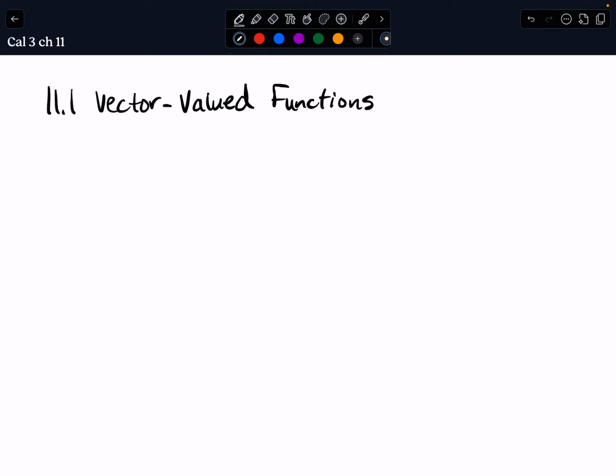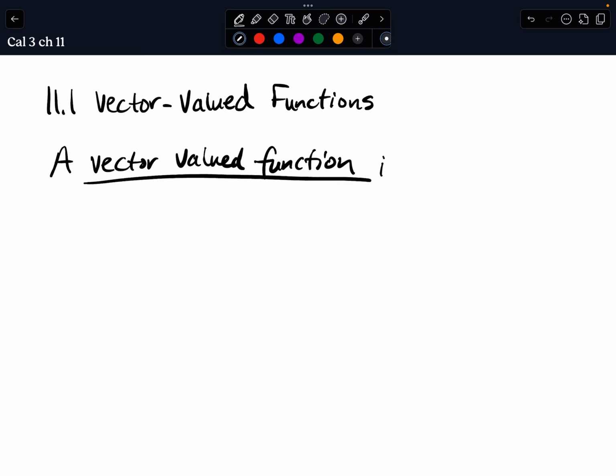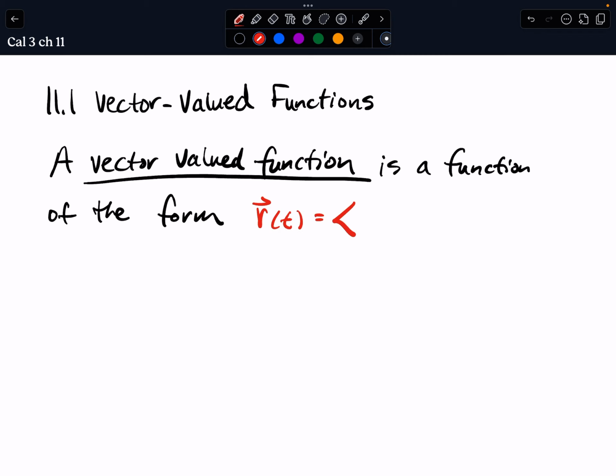So we've got 11.1 vector valued functions here. A vector valued function is a function of the form r of t equals the vector f of t, g of t, h of t.